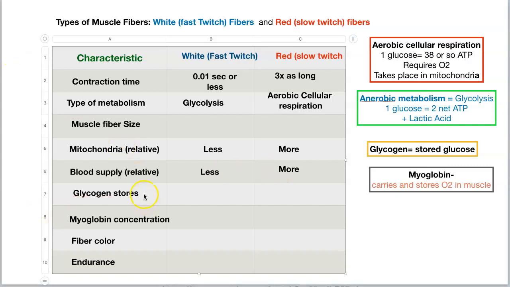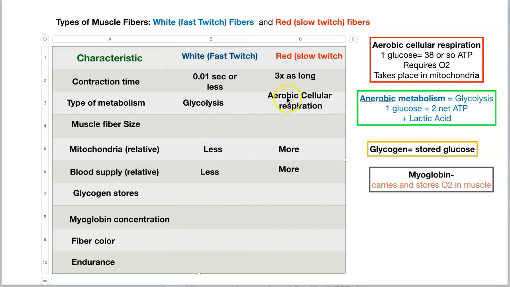So now we're going to look at glycogen stores. Glycogen is just stored glucose. It's a ready, available supply of glucose. Who needs glucose? They both need glucose. But who is more efficient at using that glucose?